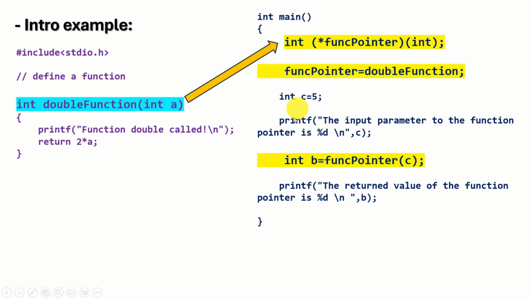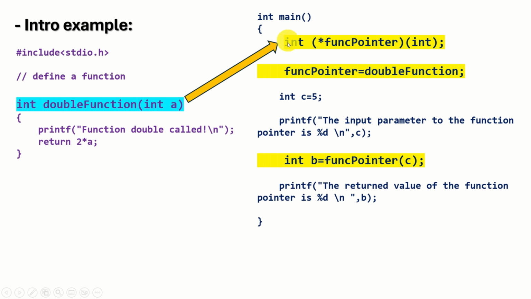Here's our main function. In this line, we declare a function pointer. And in the next line, we assign the value of this function pointer to be double function. That is, the function pointer will point to the double function. That is, to this function. Let's analyze this declaration and at the same time look over here at this function.